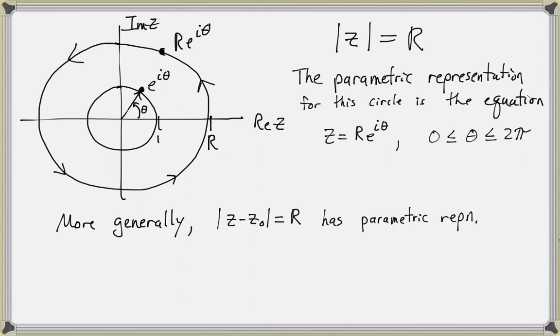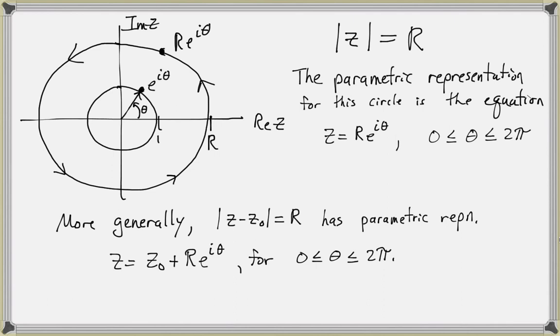So this has parametric representation z equals z0 plus capital R e to the i theta, greater than or equal to 0, less than or equal to 2 pi.